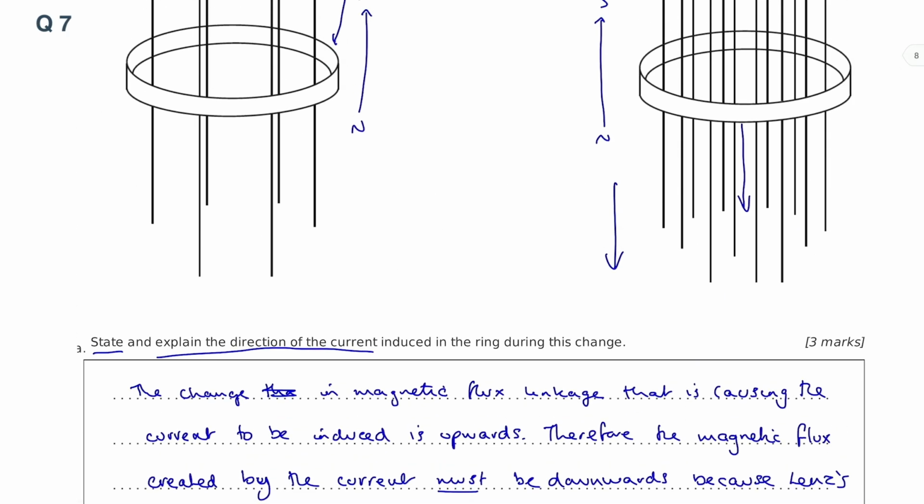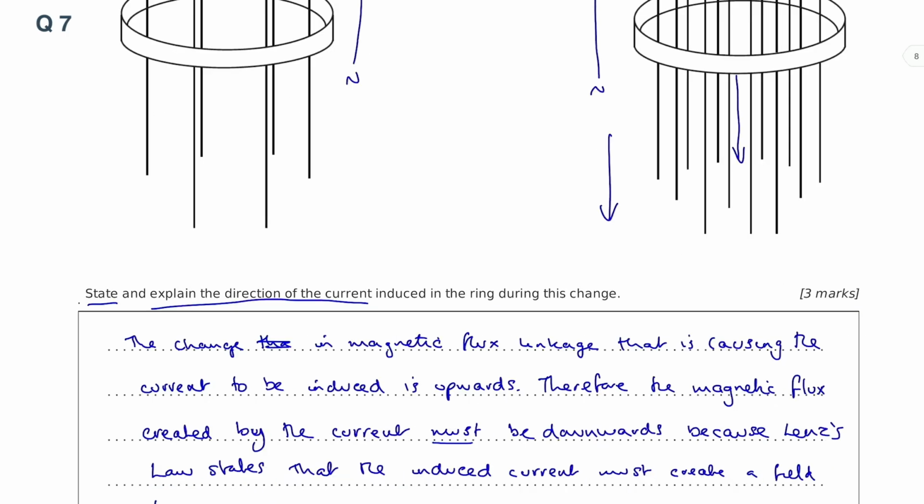So how do we work out what the direction of the current is? Well, we can use the right hand screw rule for that. What the right hand screw rule is, if you take your right hand, pop your thumb out, and curl your fingers round as if you're about to punch somebody with your thumb out, the thumb shows the direction of the current, and the fingers curl round in the direction of the magnetic field. Now, inside this coil, we want our magnetic field to point downwards.